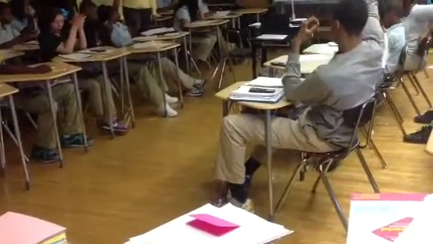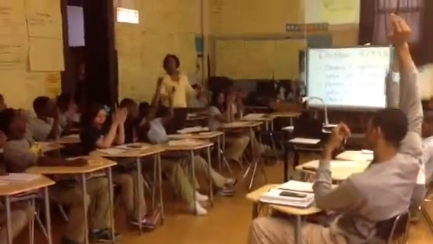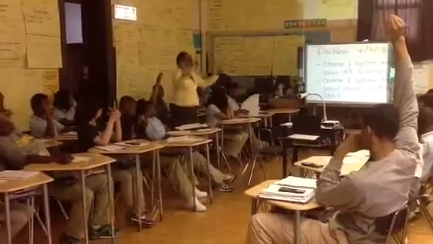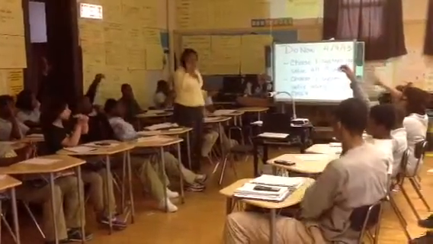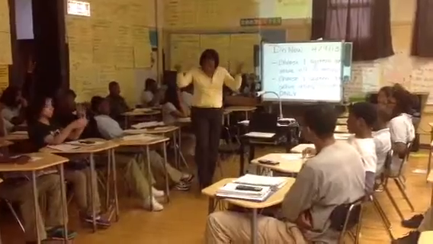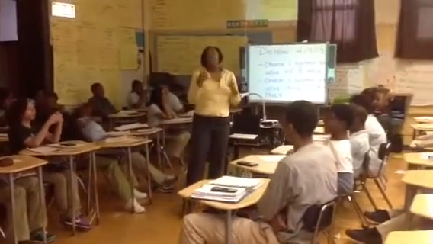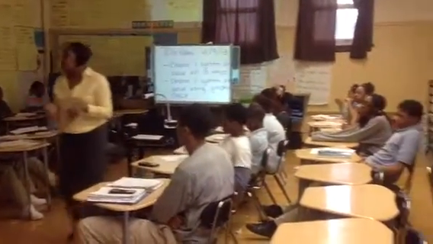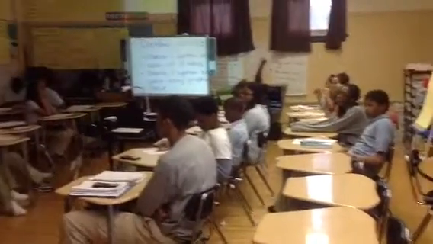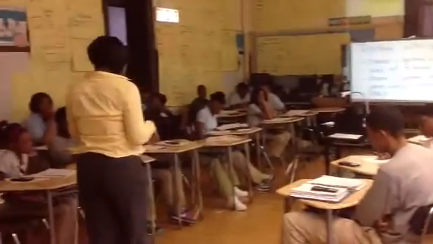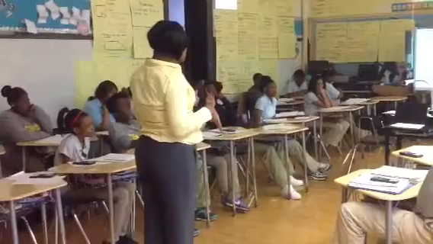Understand my voice like one? What's the first thing we need to do, everybody, in order to begin substitution? Change it into slope-intercept form. So when we change it into slope-intercept form, what is slope-intercept form? What is that, Natasha? Y equals mx plus b.